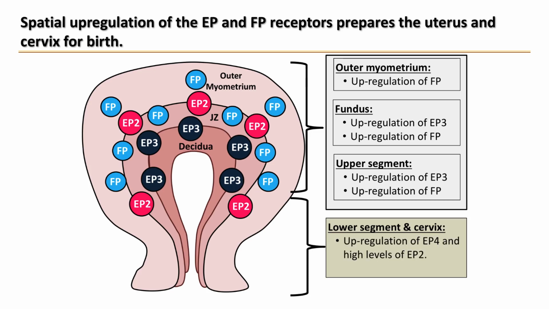And in the lower segment and cervix, we see an upregulation of EP4 and even higher levels of EP2, suggesting that prostaglandin E is the primary hormone driving relaxation of that region. We also see very low levels of FP, thereby, even if we do have escape of prostaglandin F into the vessels and tissues of the lower segment and cervix, we will not have very much contractility action.